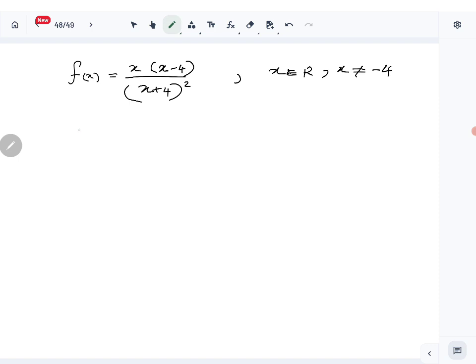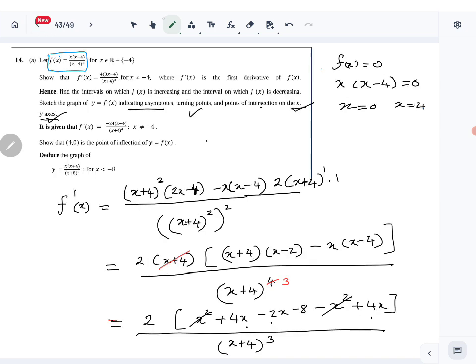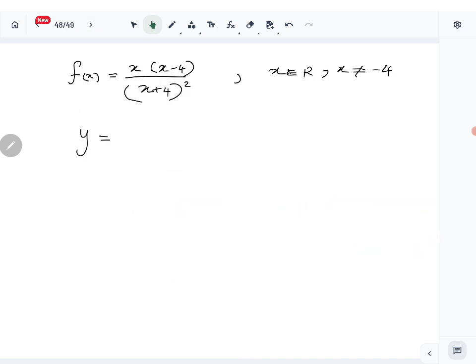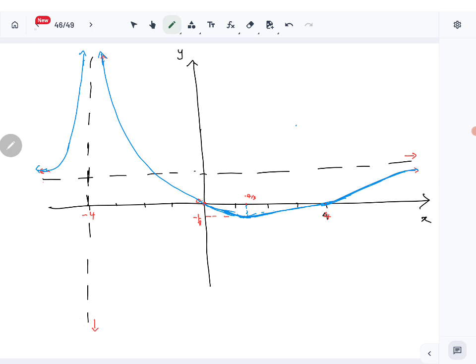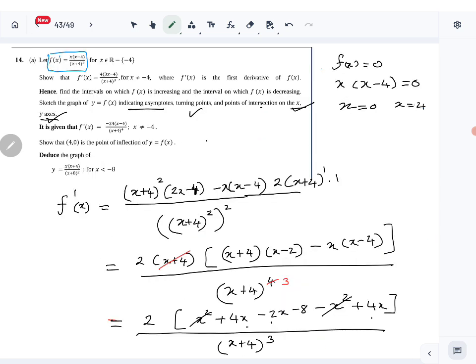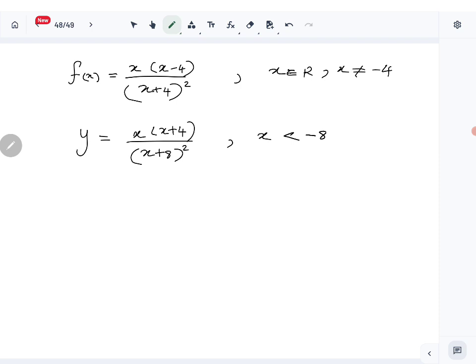The graph we want to draw now is the graph of 4(x + 4) over (x + 8) squared, for x values less than minus 8.